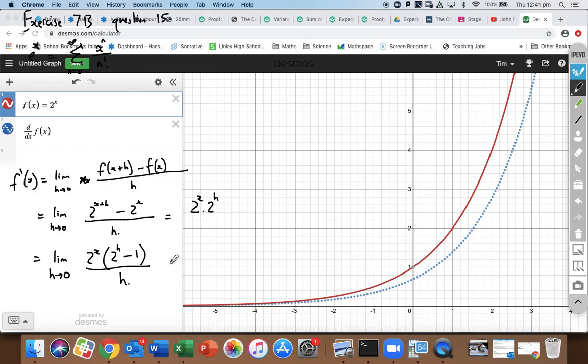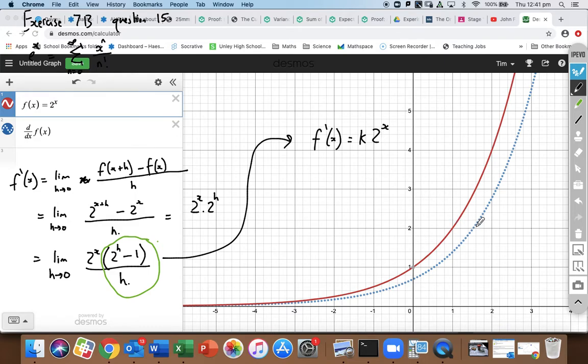And where this eventually would lead us to, I don't want to spend too much time on it, is this idea that the derivative is actually just some number, right? And this would just be some numerical value, some number times the original function, which in our case is 2 to the x.